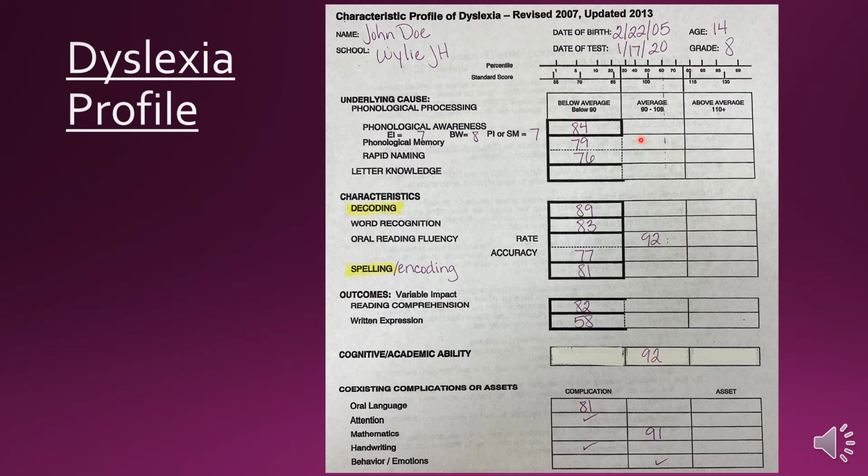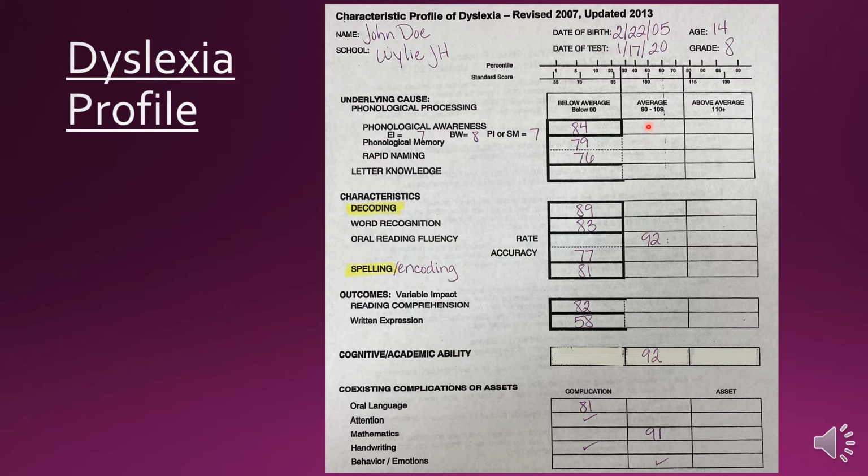As you can see right up here, their number averages are a little bit different than when identifying a specific learning disorder. They narrow it a little bit, so their average is 90 to 109.